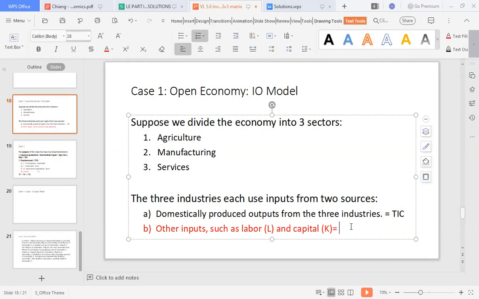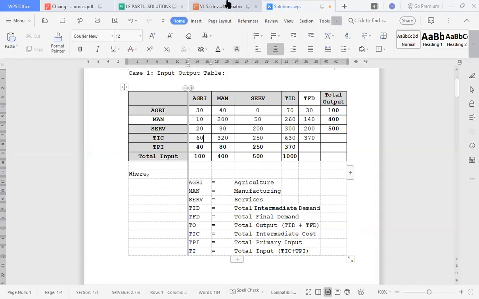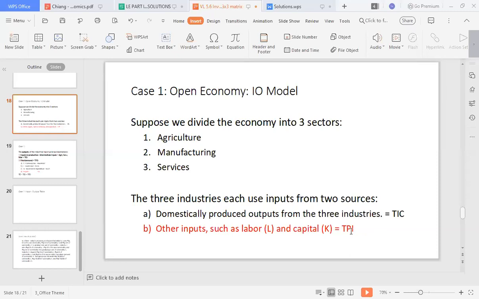So we have other sources of primary inputs. So this is total primary inputs. Again, in order to produce an output, we need labor and capital as well. So we're getting them from other sources. And therefore, this will constitute TPI.